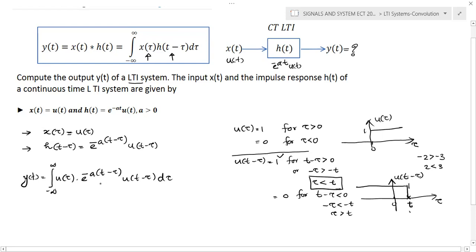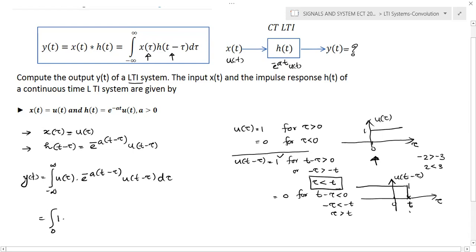And if you observe this equation, we know that u of tau is equal to 1 from 0 to infinity. So we don't want to integrate this equation from minus infinity onwards. So we can limit the integration from 0 onwards, because u of tau exists only from 0 onwards.